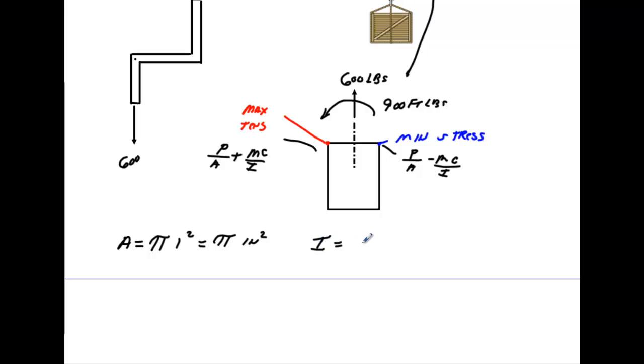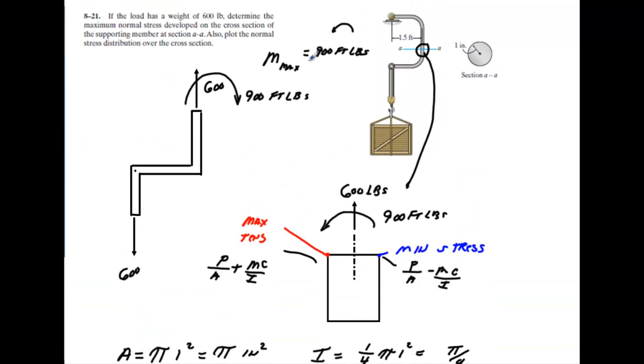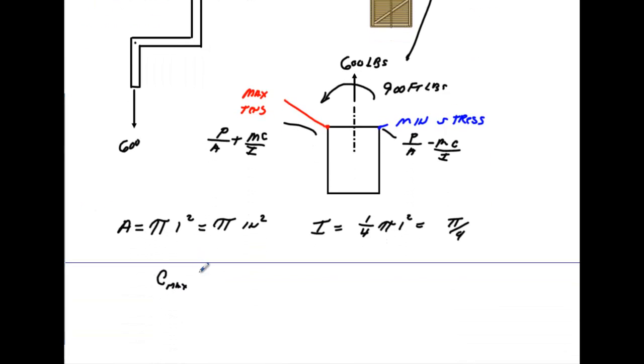Our I value is going to be 1/4 times pi times radius to the fourth, that gives me pi over 4. Now our C max, as I look at the cross section, is the distance from here out to the outer fiber either way because it's symmetrical. So C in this case will be 1.